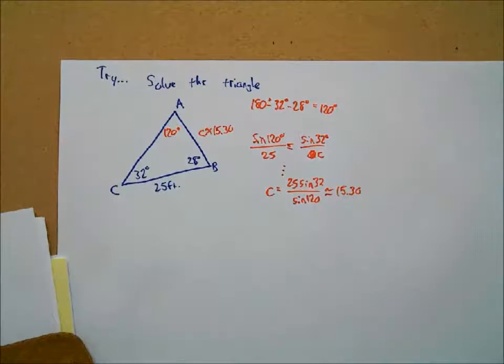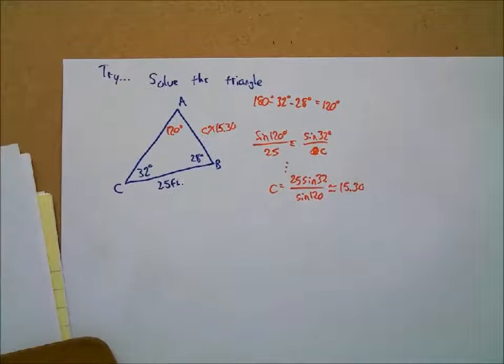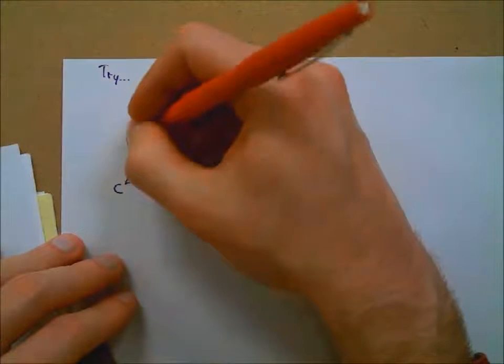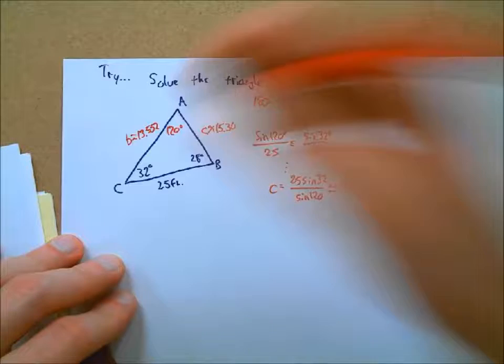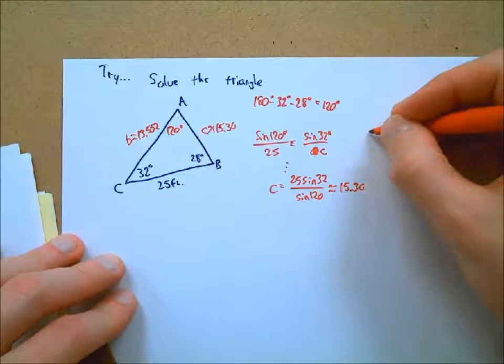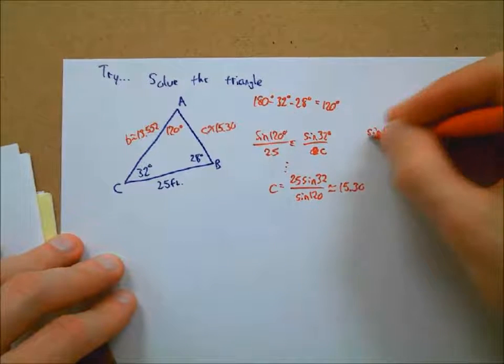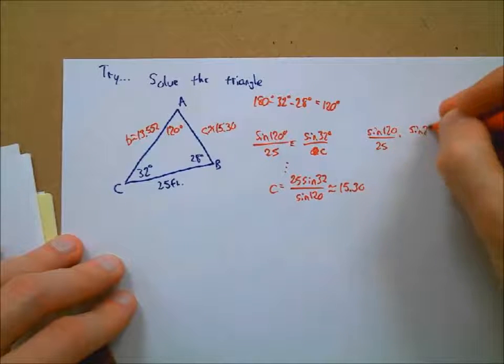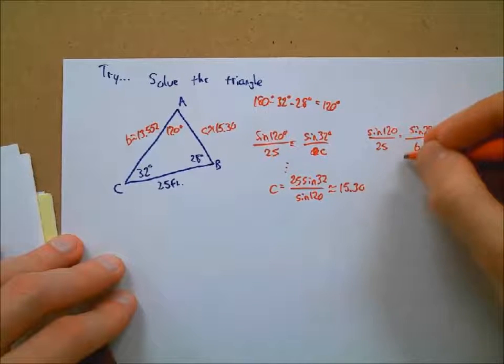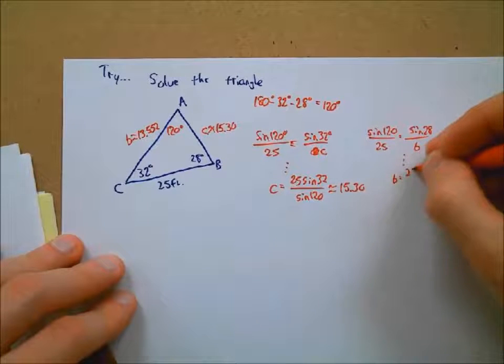Let's give someone else a try here. How about Gabby? Gabby, you got the last side for us there, side little b? 13.552. Okay, and can you just give us your setup for that? I did sine of 120 over 25 is equal to sine of 28 over b, and then I got b is equal to 25 sine 28 over sine 120.